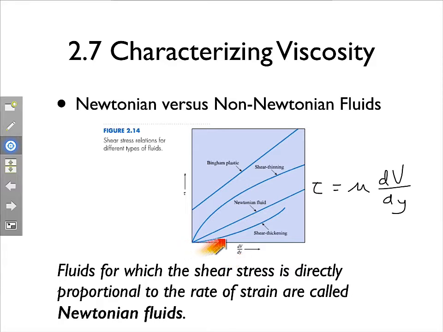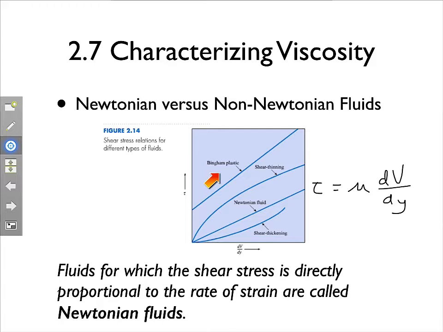Now, also you can have the opposite. You can have fluids where this ratio of tau over dV/dy gets greater as the rate of shear strain increases, and those would be called shear thickening. And there are also some other strange things.